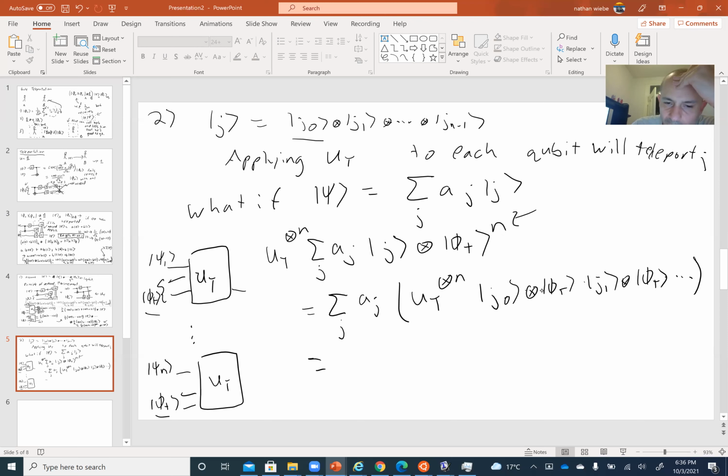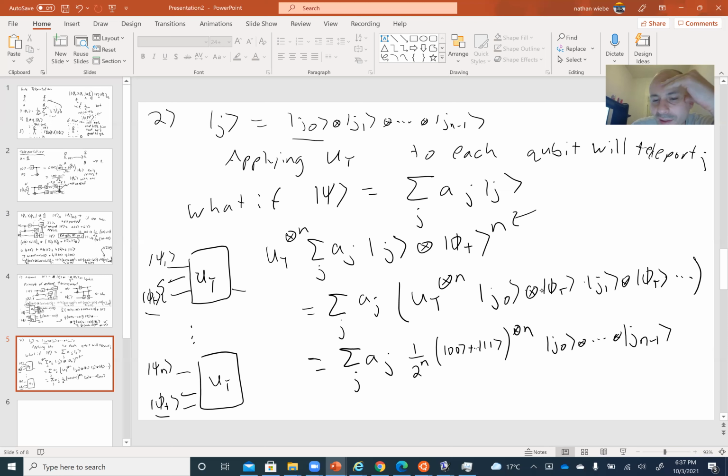And we argued already that this was the sum over j, 1 over 2 to the n, (|00> plus so on and so forth |11>) tensor n, acting on the remaining state, which is just going to be j0 tensor through j n minus 1.